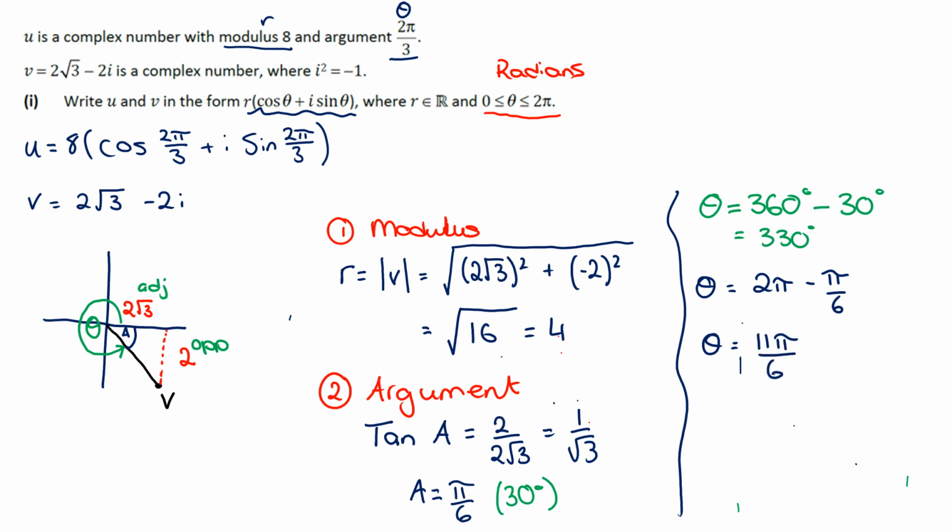So that gives us V as 4 cos of 11 pi over 6 plus i sine 11 pi over 6. So that's our U and that's our V.